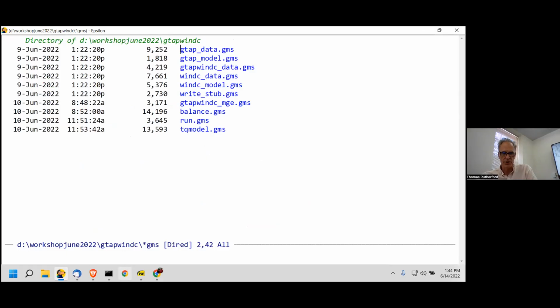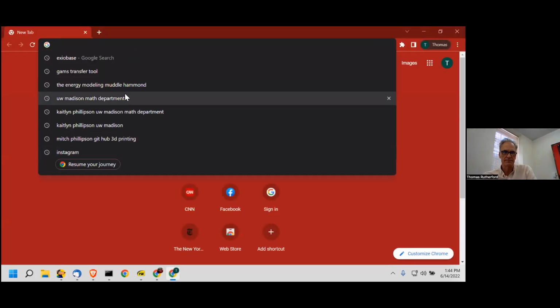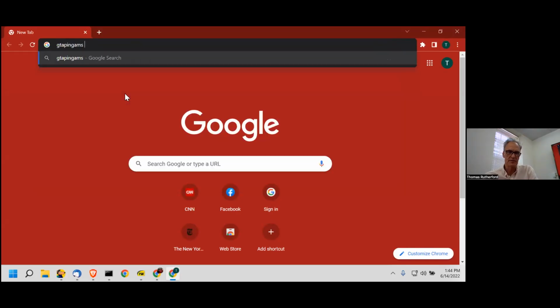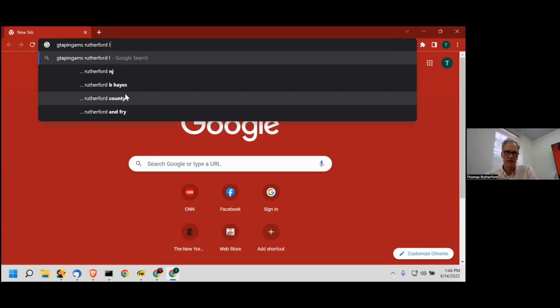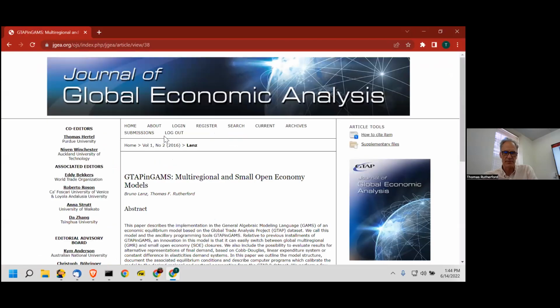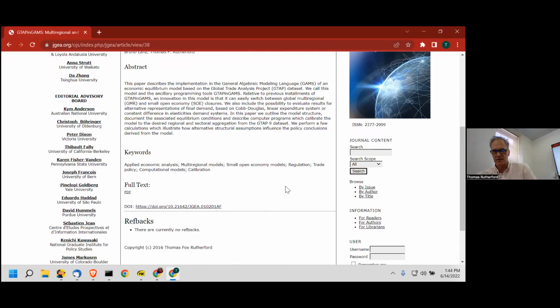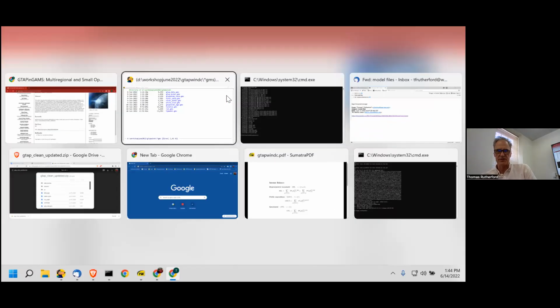If you want to know about that model, just search for GTAP and GAMS, Rutherford, Lance. That's from a couple of years ago. The update that runs with version 11 will cover version 10 and version 11, but all the documentation of how the thing is read is there.